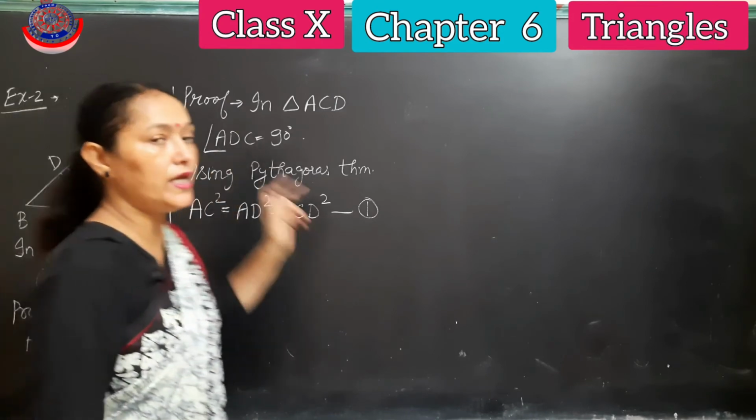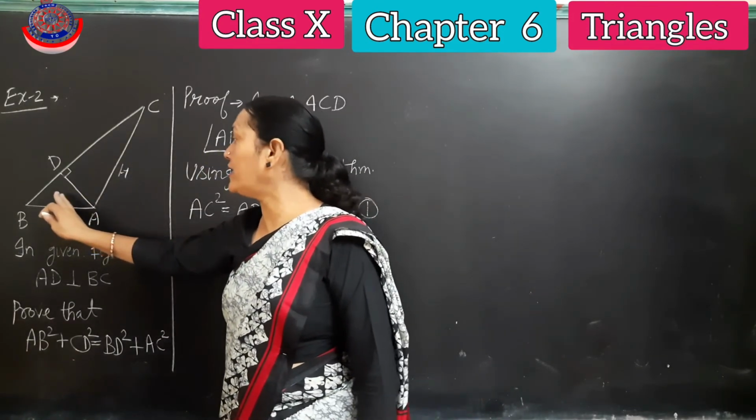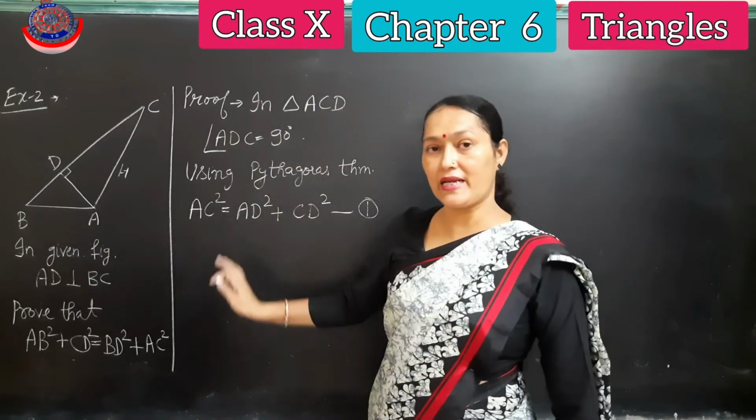In same way, if we apply Pythagoras theorem in the right angle triangle ADB, we will be getting second result.